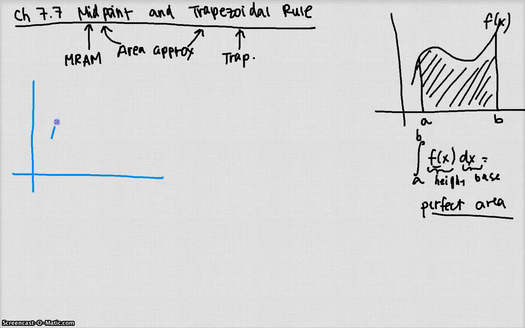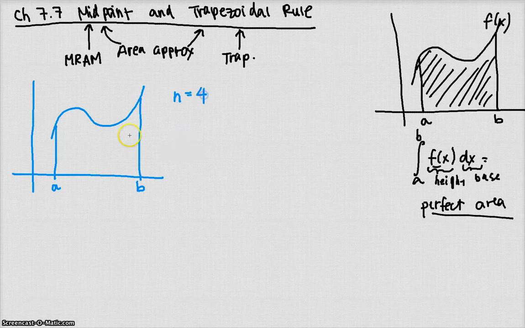So here we have some sort of a curve, and we still have some boundaries from A to B, right? And we're going to cut it into n rectangles. I'm going to choose it to be 4, for example. So I'm going to cut right down the middle this way. Again, it's the 4 that I want to cut first.